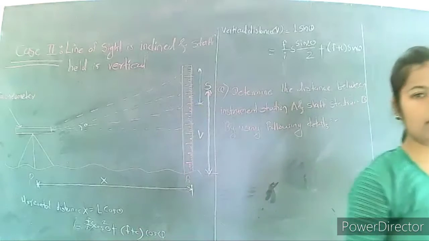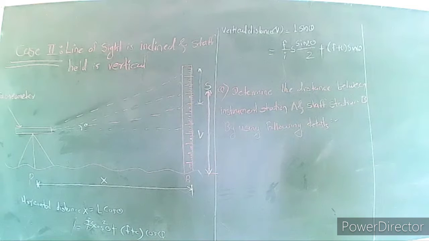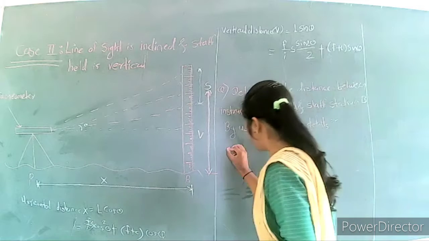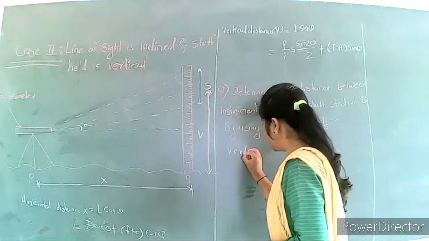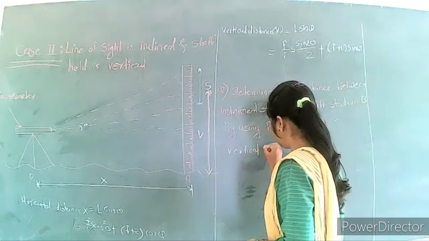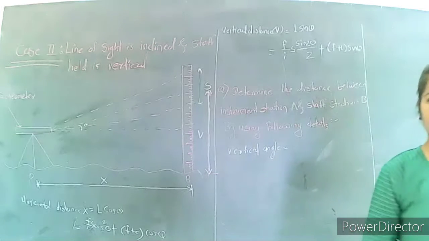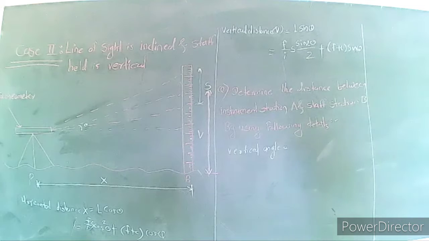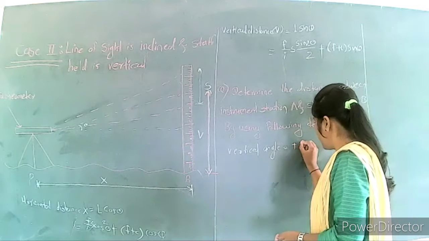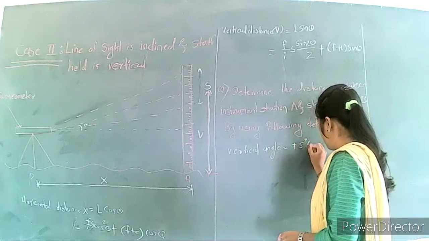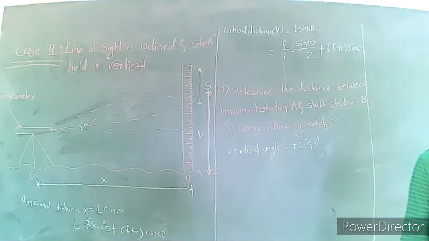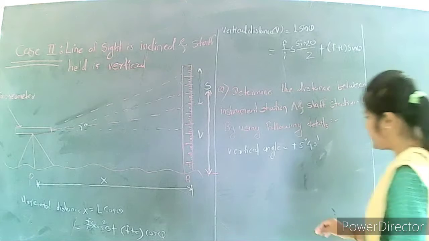Now we see what details are given in the numerical. First, the vertical angle is given, and the vertical angle given is plus 5 degree 40 minutes. After that, the staff readings are also given.